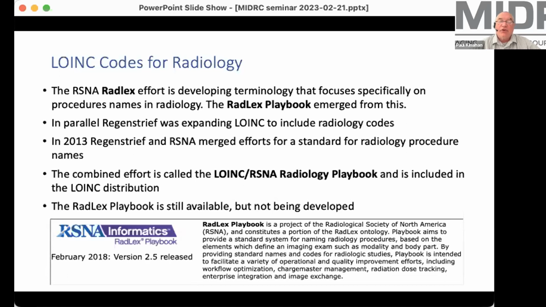They agreed to merge efforts, and they created something called the LOINC RSNA Radiology Playbook, where they moved over a large component, perhaps all, I'm not sure, of the RSNA RADLEX Playbook into LOINC. I should note that the RADLEX Playbook is still available, but it's no longer being developed. All those efforts have shifted over to the LOINC RSNA Radiology Playbook, which I'll talk about now.